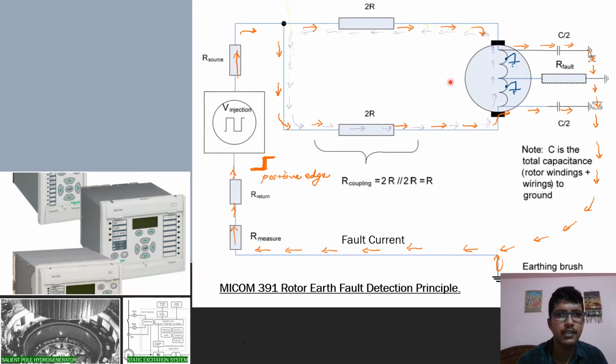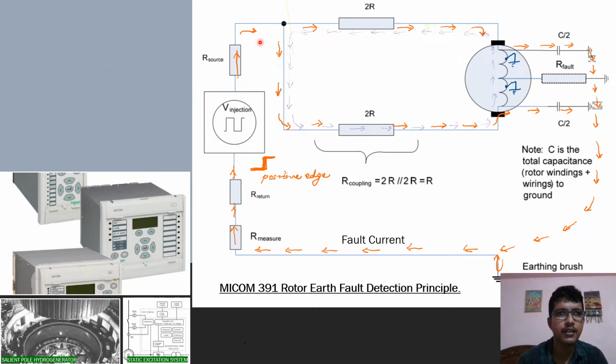Now, initially, since there is no rotor earth fault, the rotor voltage will circulate a current in this loop. At the positive half of the V injection source square wave, the orange color lines indicate the capacitive charging current for the positive half.